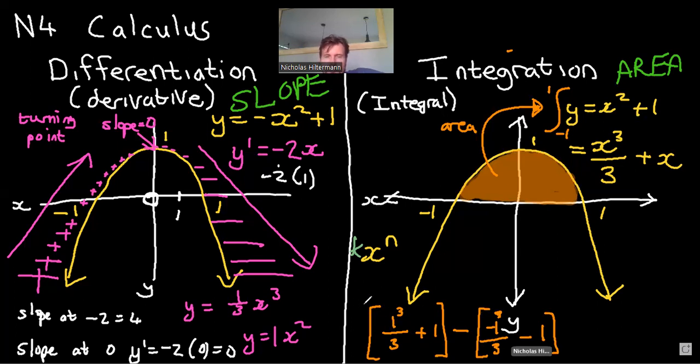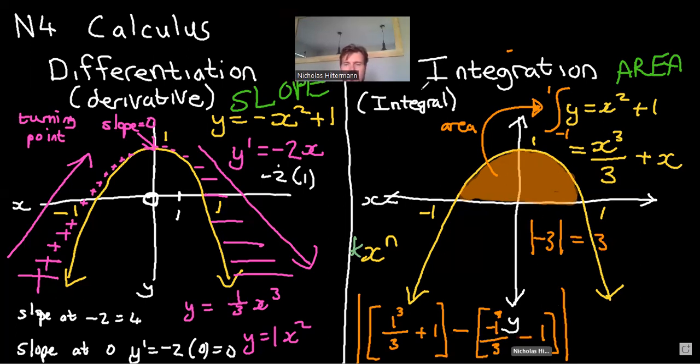Now, you can never have a negative area, so what you may see is these two straight lines. What that means is find the absolute value. So if you ever see this in maths and you see -3, that just means take the positive of 3. Because you can never have a negative area, that's why we use this absolute value. So the absolute value of 3 is 3.